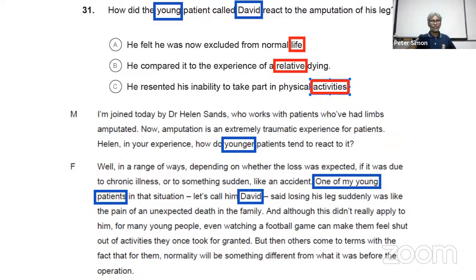Losing means amputation, and said means reacted, an oral reaction.